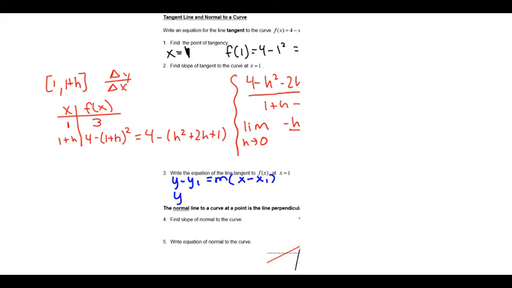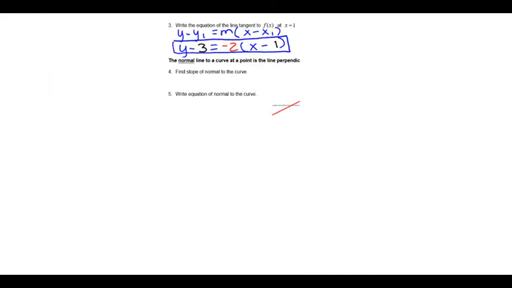So we have y minus our y1, which is 3, equals our slope, which is negative 2, times (x minus our x1, which is 1). And there is the equation of our tangent line to f of x at x equaling 1.